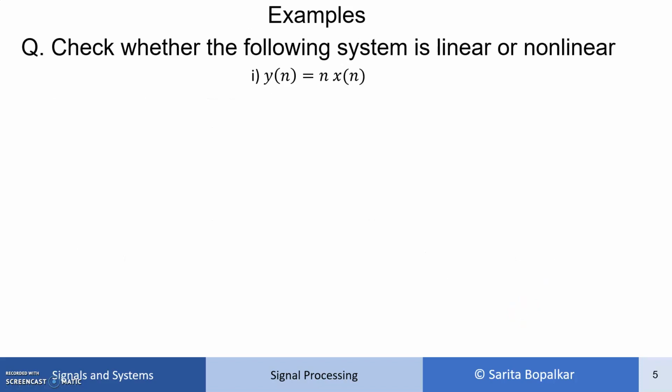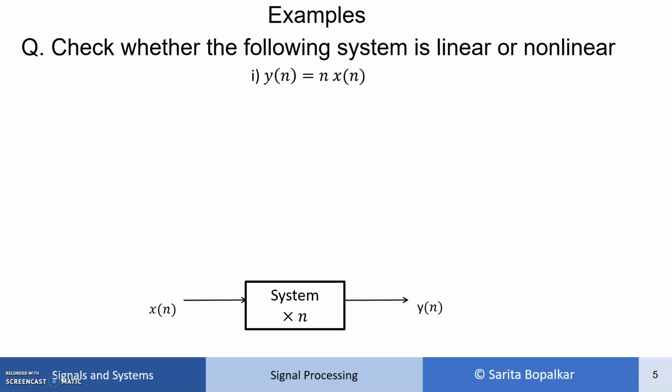Let's solve one example. The question is: check whether the following system is a linear system or not. y(n) is equal to n times x(n). First thing, what operation is there on the input? Here the input gets multiplied by n, which means whatever the input is, it gets multiplied by n and you get the output.